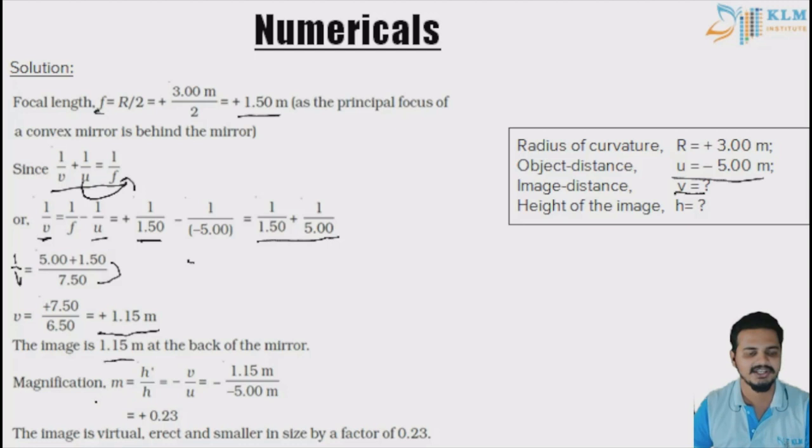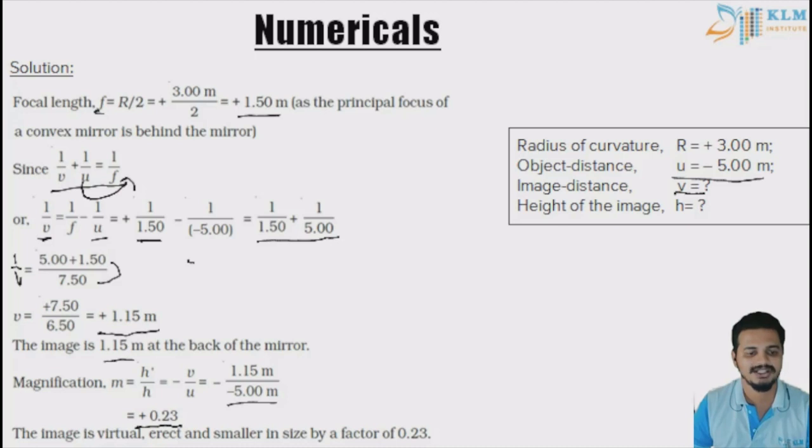And the magnification, how do you calculate? We already know the relationship between magnification and the image distance and the object distance. We can just substitute: m equal to h dash divided by h, which is equal to minus v divided by u, which becomes 1.15 meters divided by negative 5 meters, which comes to 0.23.